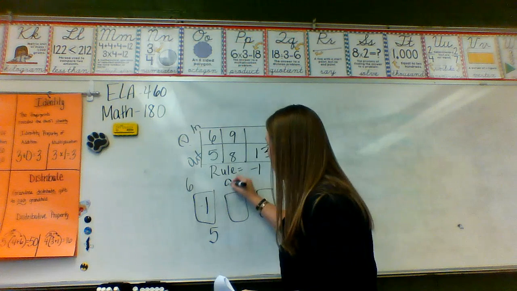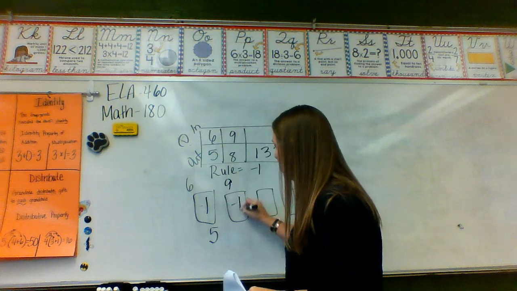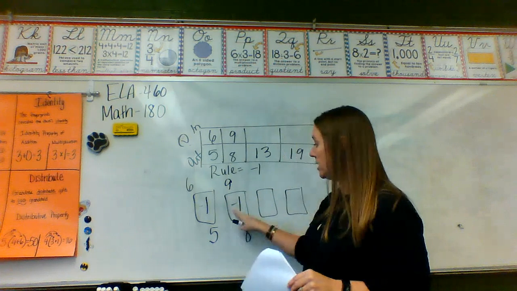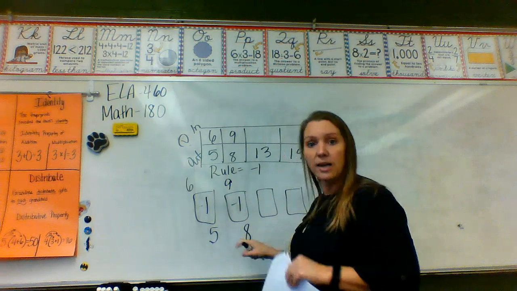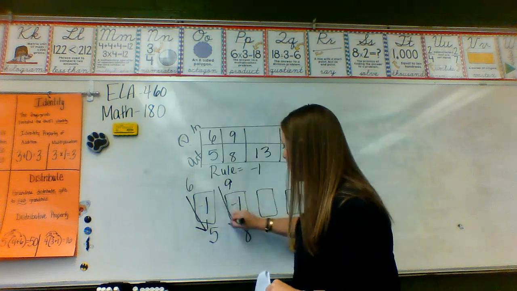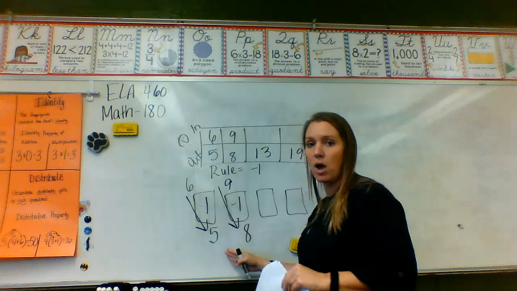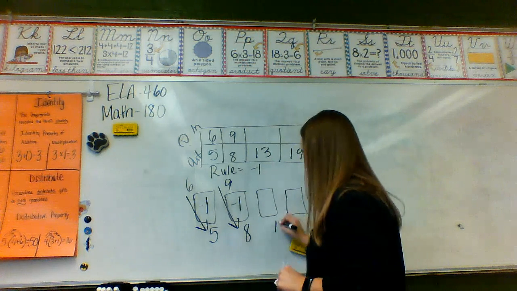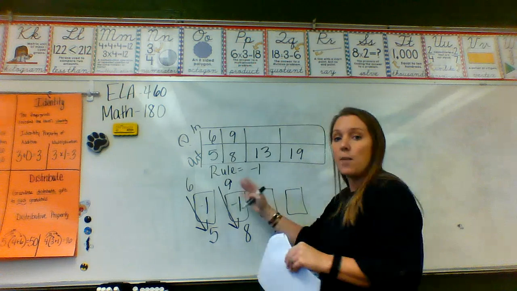If I put 9 into my box and my rule is minus 1, I get out what? 8. Is that correct? 9 minus 1 is 8. Yes, it is. That is correct. And then when I'm going down in this direction, from top to bottom, I go with the rule. In this case, we have 13, and we're going in the opposite direction.